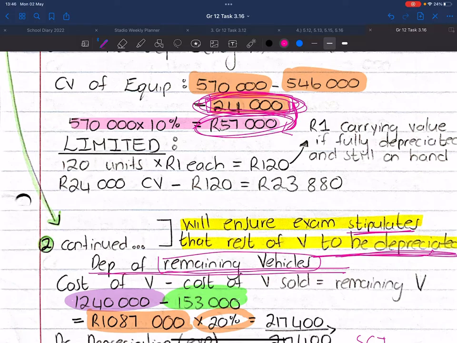So we needed to reflect 1 rand in our books so that it shows that we still have it. And the reason that they told us is that we have 120 items of equipment, not just one item of equipment. So instead of just having 1 rand as your carrying value, you're going to have 120 rand. So it's the 1 rand carrying value times the 120 items of equipment.